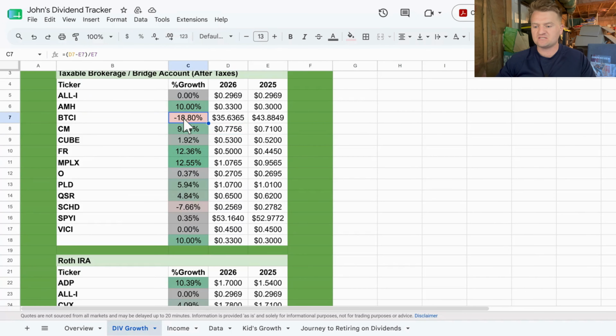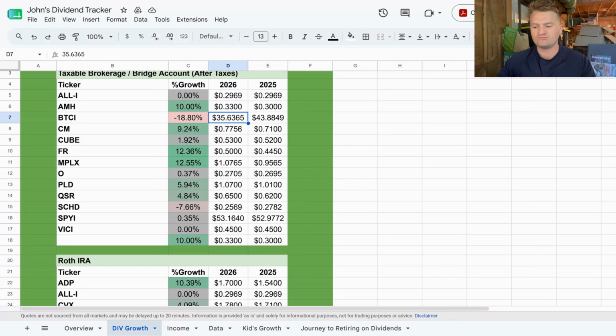Big change with BTCI: you can see here that in December, they paid just over 43 cents per share, and for May, they paid 35 cents. So again, tracking it is volatile. I think the best way to analyze BTCI, and this is the same for SPYI, would be to do it on an annualized basis. Many of the other stocks pay the same dividend every month or every quarter for a year, and then they'll increase from there.